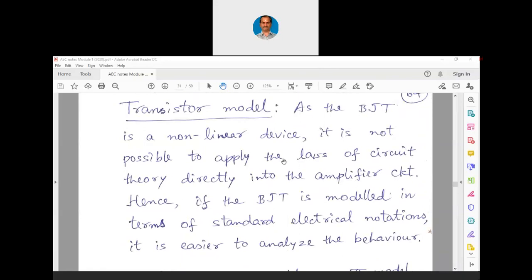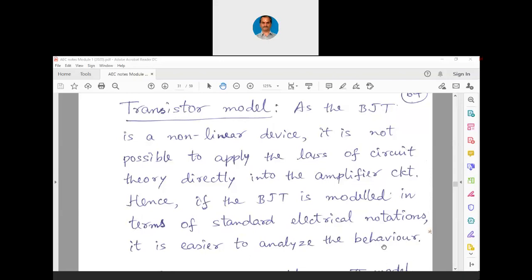Ohm's law or Kirchhoff's law cannot be directly applied to the transistor because it is a non-linear device. Hence, if the BJT is modeled in terms of standard electrical notations, it is easier to analyze the behavior. Let us model the BJT only around the Q point.